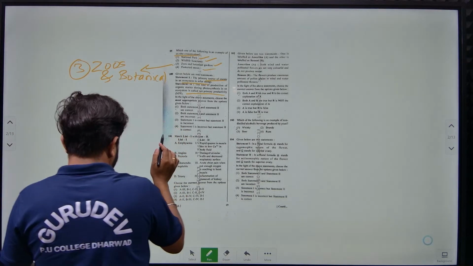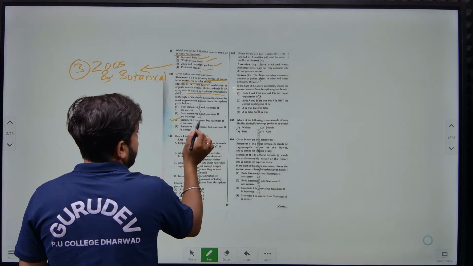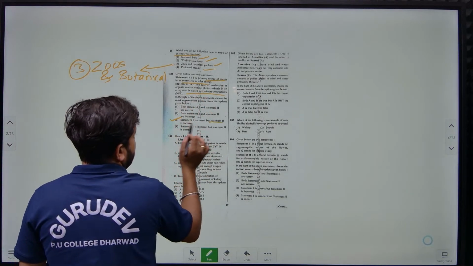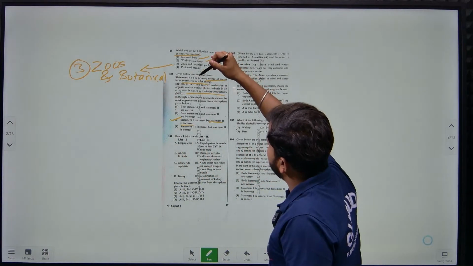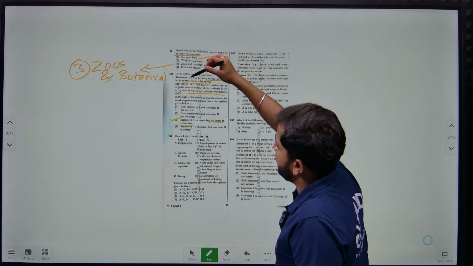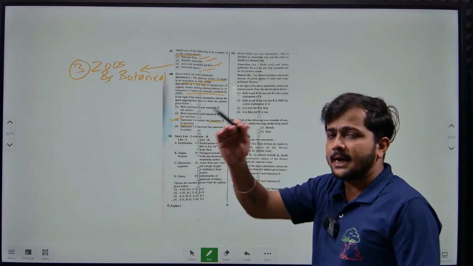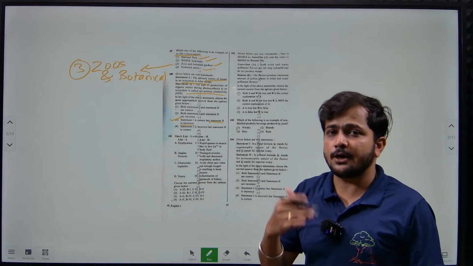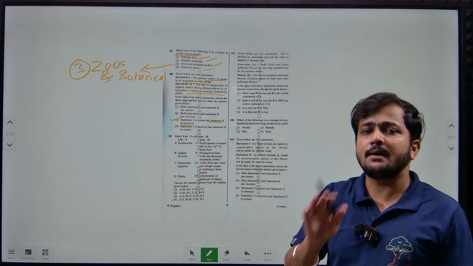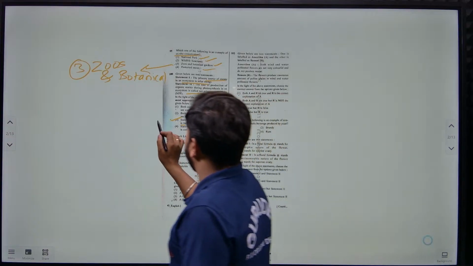So according to that, statement 1 is correct, but statement 2 is incorrect, right? Statement 1 is saying the primary source of energy in an ecosystem is solar energy. Yes, from the solar energy only the plant is going to produce organic material by means of photosynthesis, right? That is actually correct.